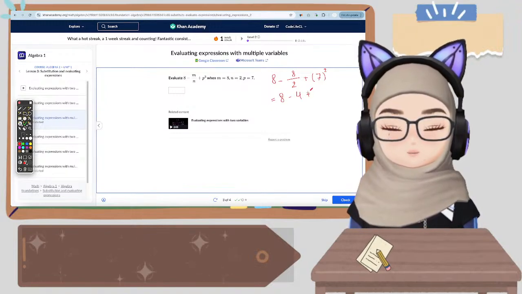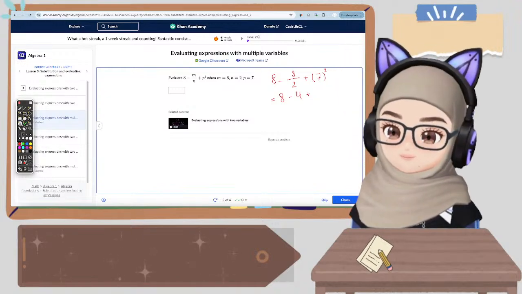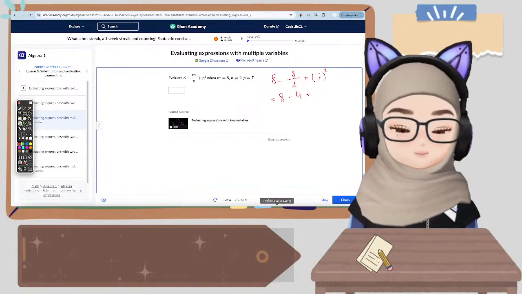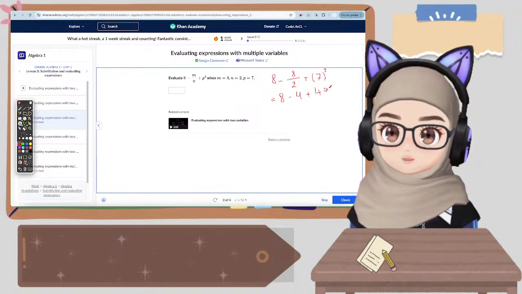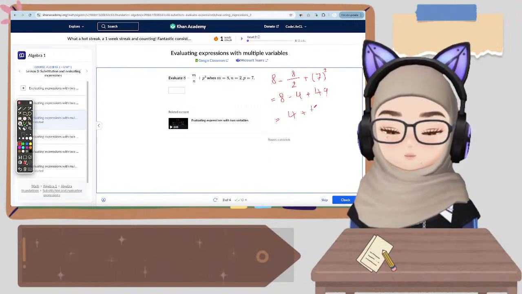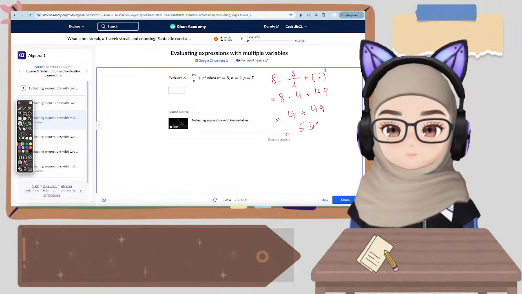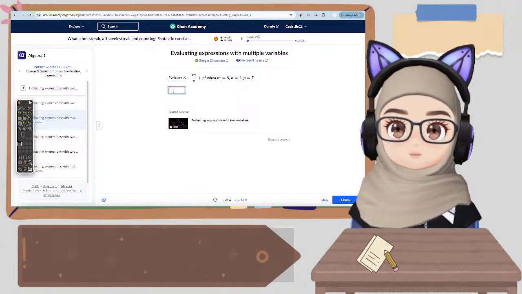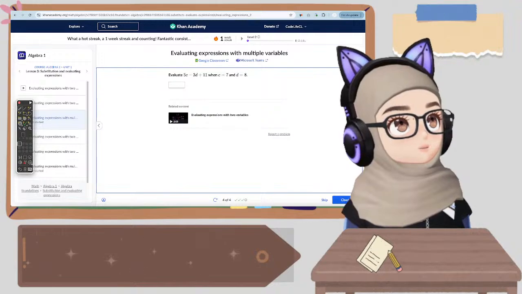And this has to be the 42. Oh, it's 49. Wow. See? I am just gone. 49. This is a 4, and then this is a 49, so the answer is 53. Yay. 53. Phew. Expected to be wrong.